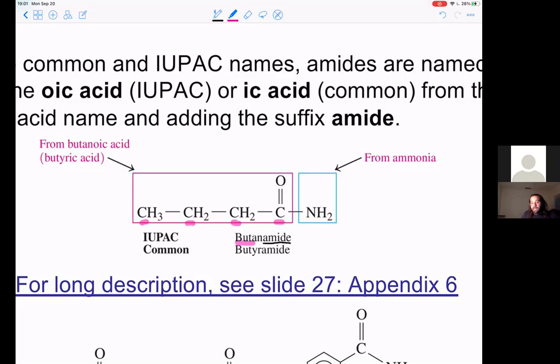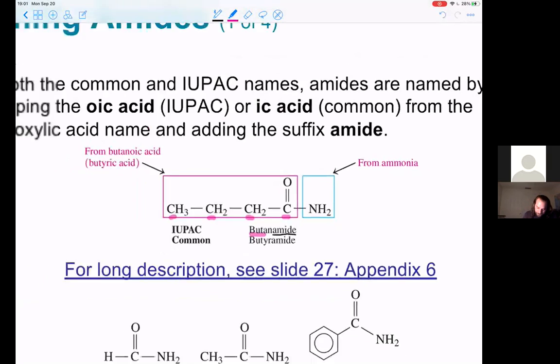Much like carboxylic acids, amides are always located at the end, on carbon 1, so we don't have to include the number for our amide groups. There's no such thing as 2-butanamide. You can try to draw it and convince yourself that it's impossible. For amides, we don't have to indicate the position of the amide group. It's always on carbon 1.